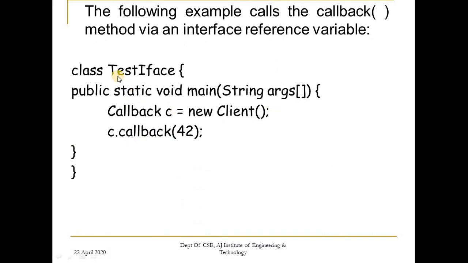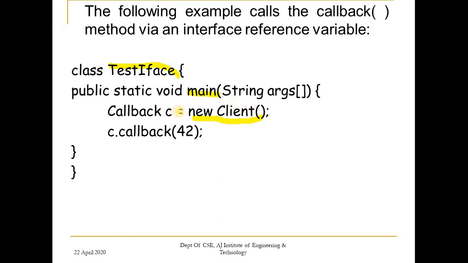Now see here, class TestIface. Inside this class TestIface, I am going to define the main method. Now in the main method here, new Client will return me a reference to the Client class. Correct? It will return me a reference to the Client class.